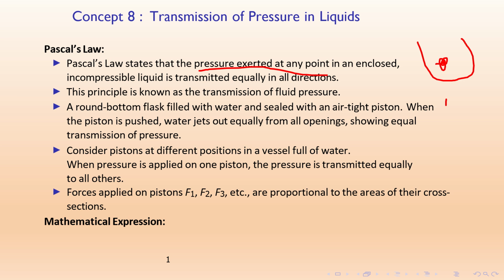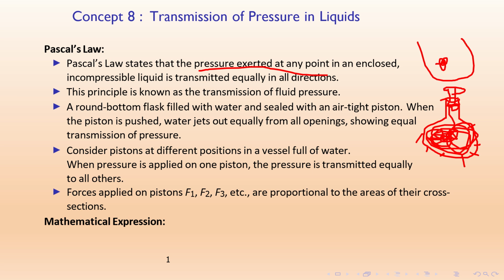And we have one small activity which you can take. If you take a round bottom flask which has holes at different positions, and you fill the liquid in this and keep an airtight piston, the liquid will not flow because there is no pressure exerted.